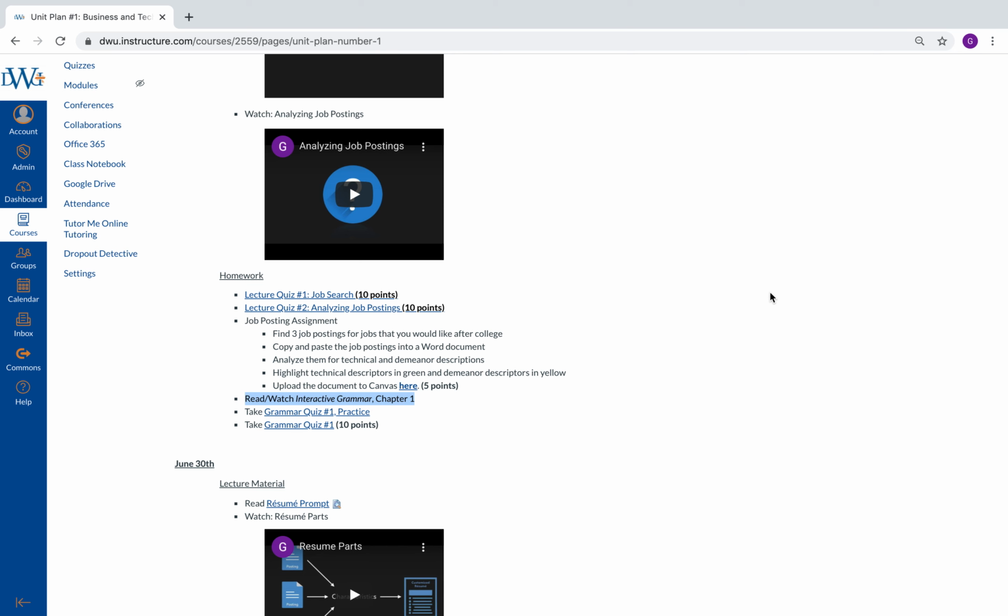At the end of the entire textbook, however, in that appendix, those are cumulative questions. So they test the concepts from the previous chapters as well. And this is important because your grammar quizzes are cumulative. The information that you learn in chapter 1 will be important for chapter 2 as well. So you're going to need to retain this information, and the appendix in that interactive grammar book gives you the ability to refresh your memory about previous topics from previous chapters.